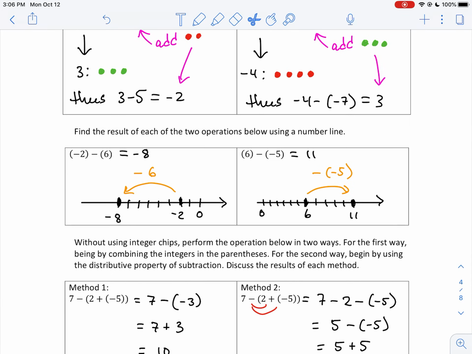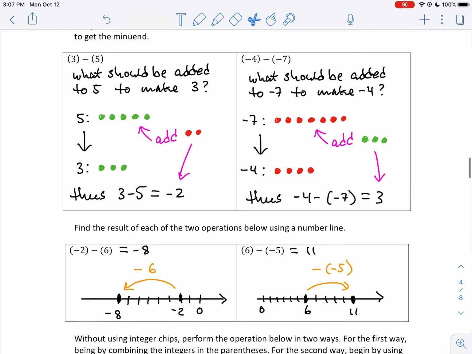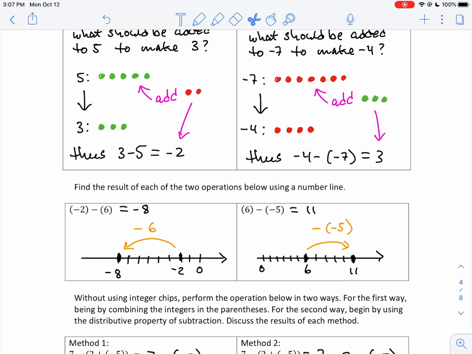And then here we use the number line approach to do subtraction. We start with the minuend, so we start here at negative 2, and when you subtract a positive, you go left. So we go left 6 units to get to negative 8. And if you subtract a negative, we start with the minuend, so start at 6, and we go right.